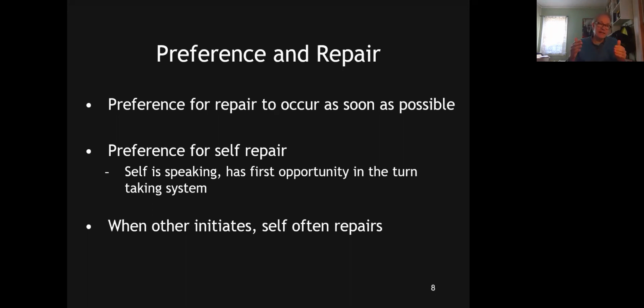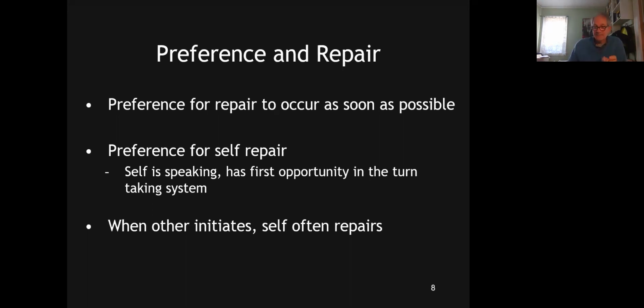So if the first part is a summons, hey, John, the expected second part is a response to the summons. What? That's all that means. That's the way interaction usually goes.